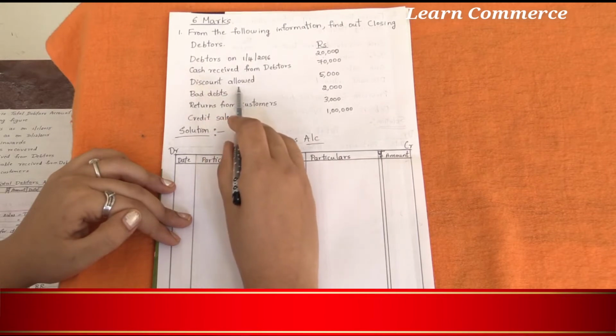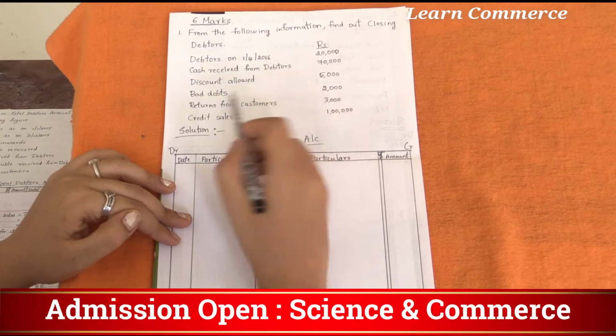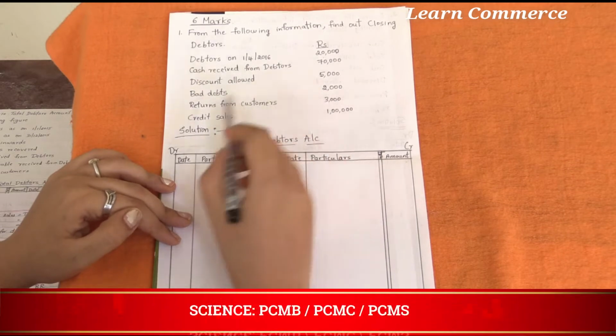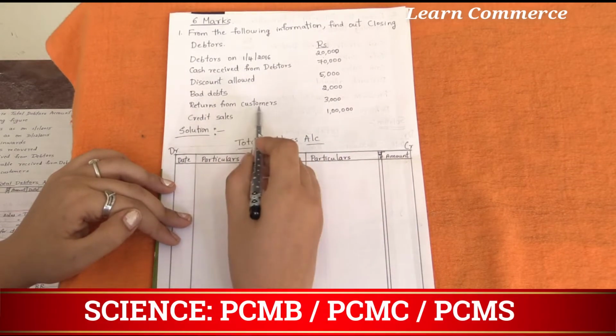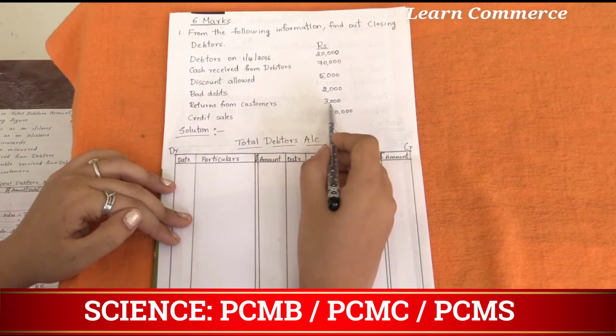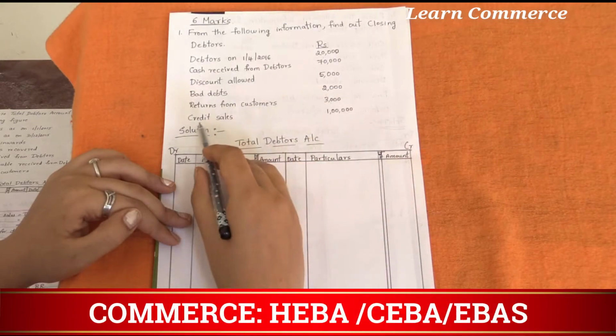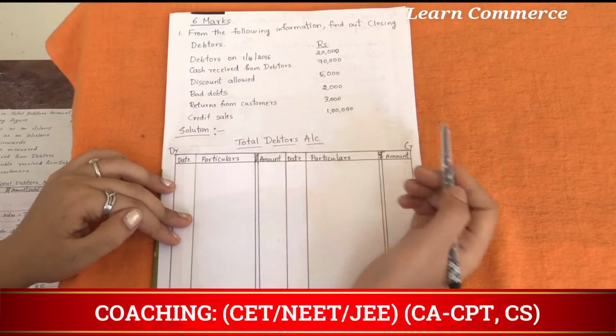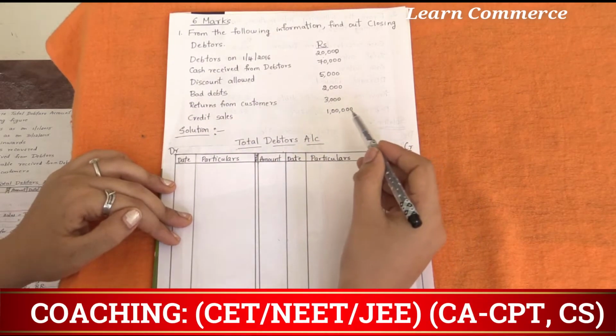Discount allowed 5,000. Bad debts 2,000. Returns from customers 3,000. Credit sales 1 lakh. This is the question given.